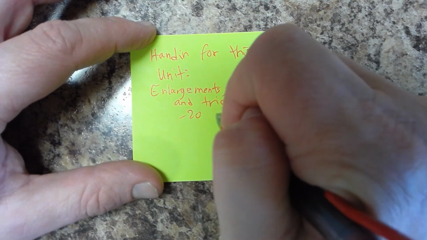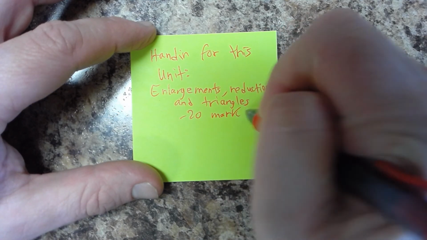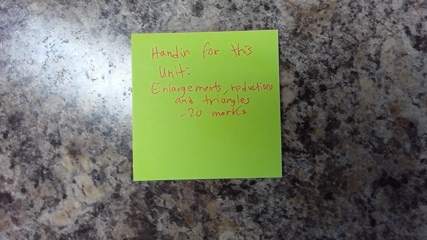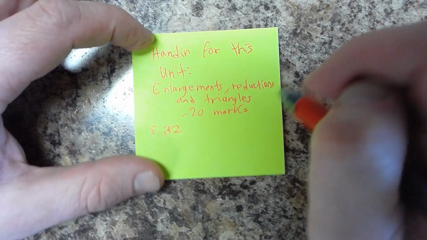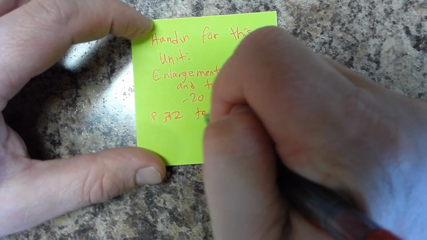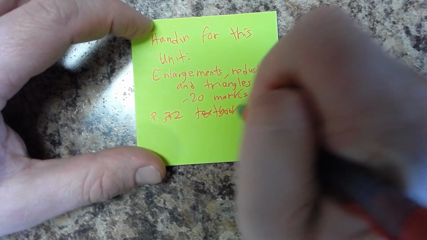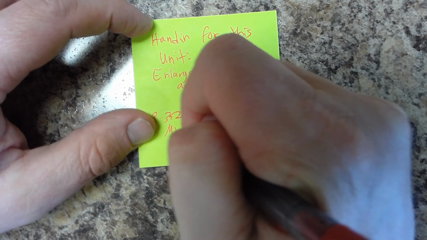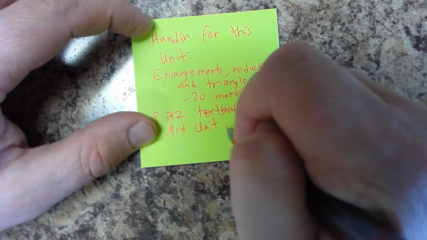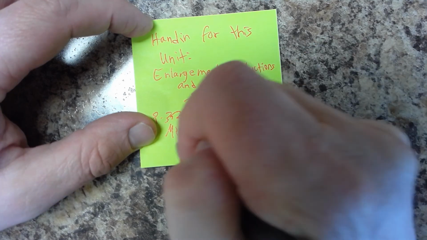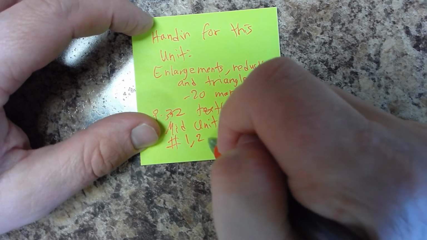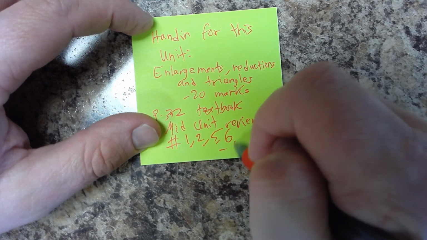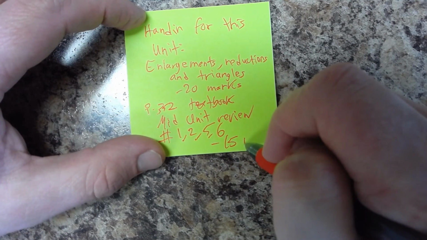That's a worksheet, 20 marks. And then there was, on page 352 of the textbook, the mid-unit review. And for that one, you were to do 1, 2, 5, and 6. And that one is worth 15 marks.